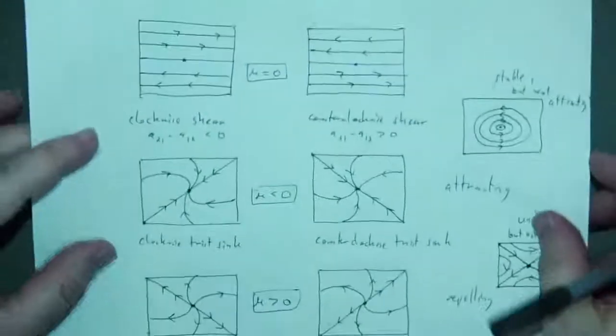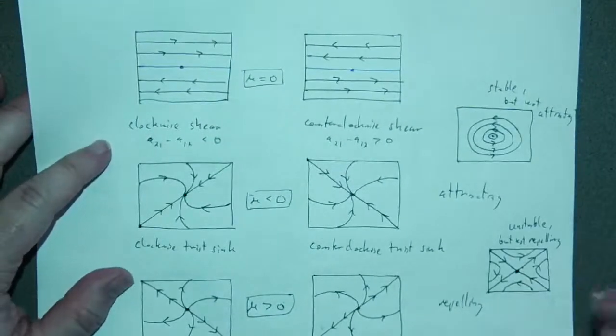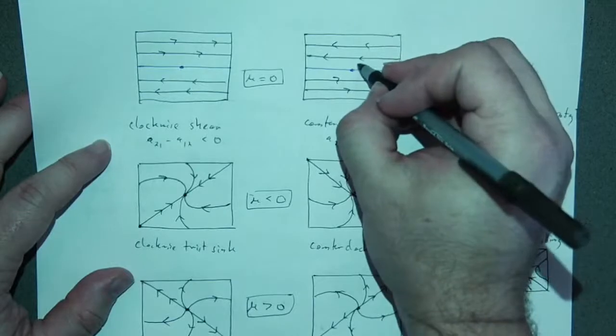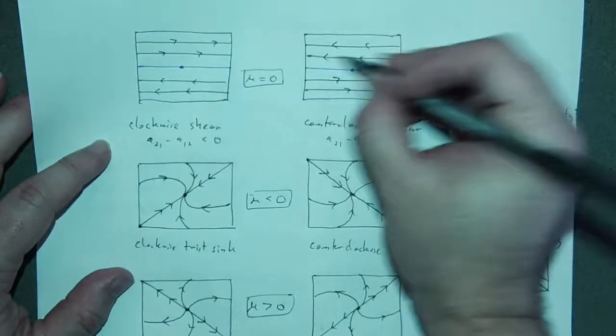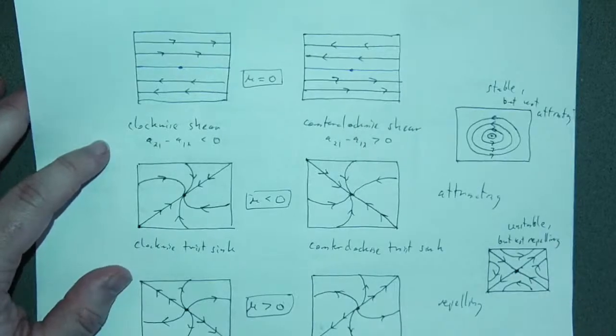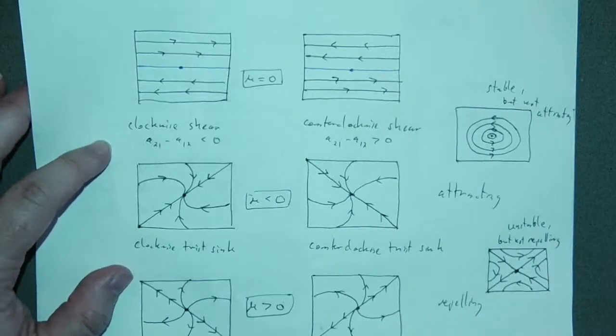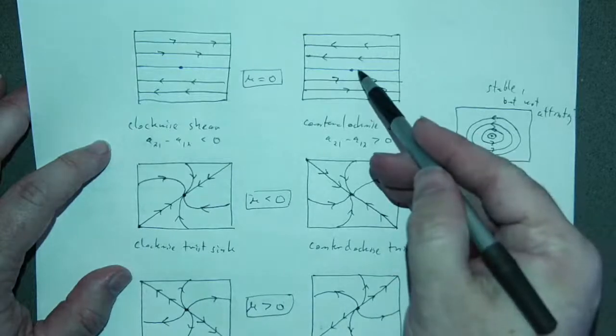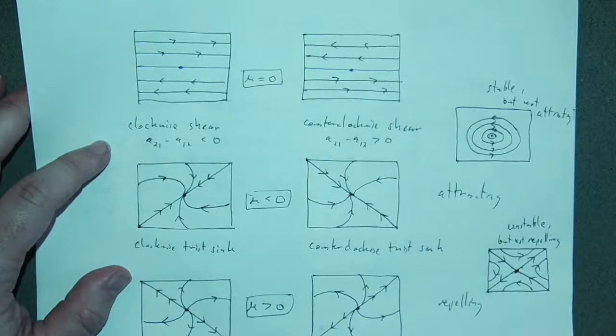Why is this unstable? Well, because it's not stable, right? If I pick a point here, it's being sheared this way. If I pick a point here, it's being sheared that way. So it is being sheared away from the origin, right? But not every point is sheared away. In fact, if I pick a point here nearby, it remains nearby.